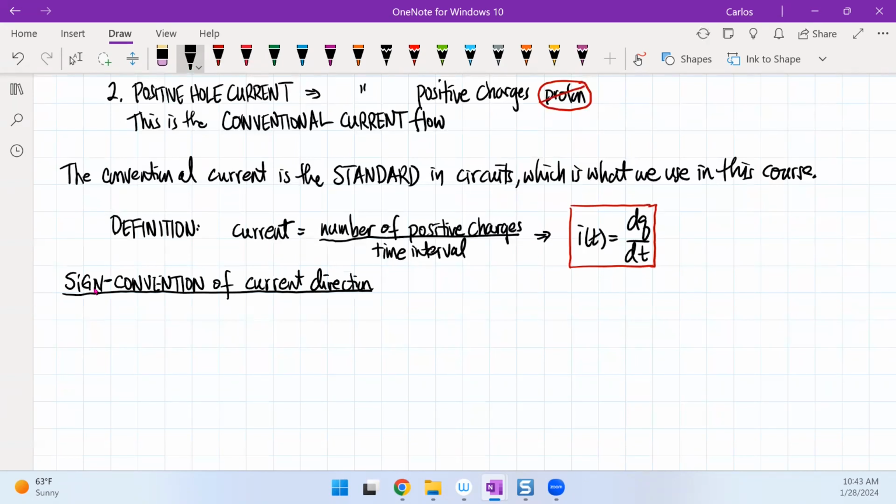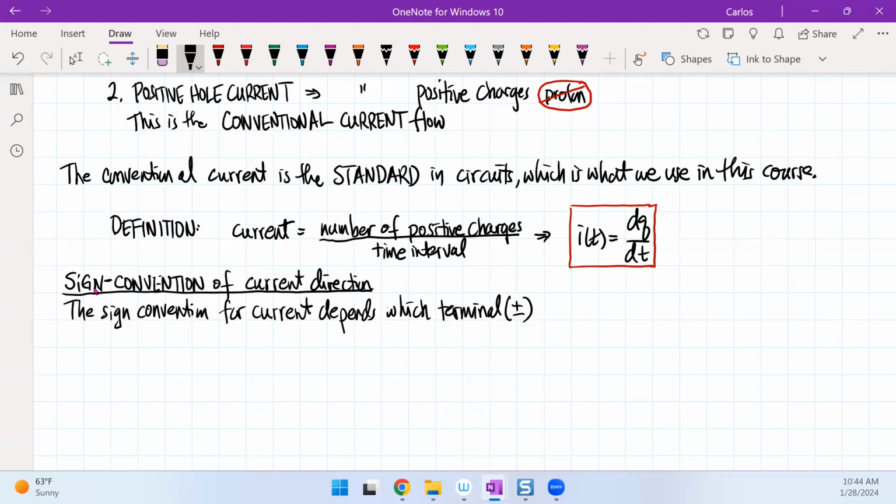So the sign convention for current depends on which terminal, that is plus or minus terminal, the current enters.